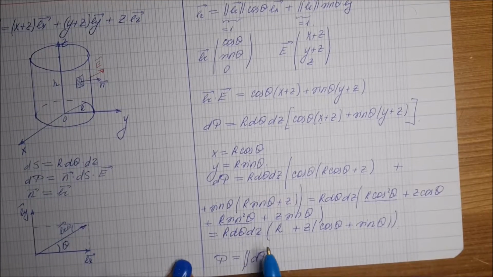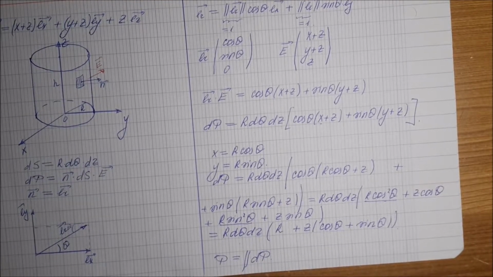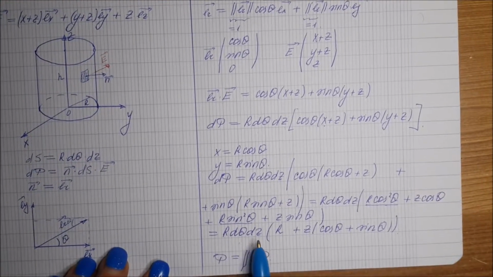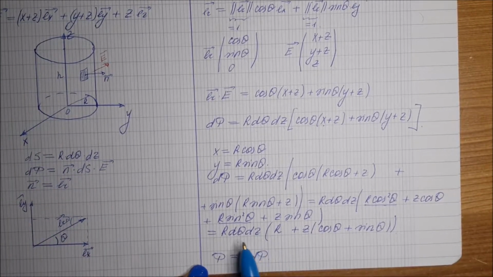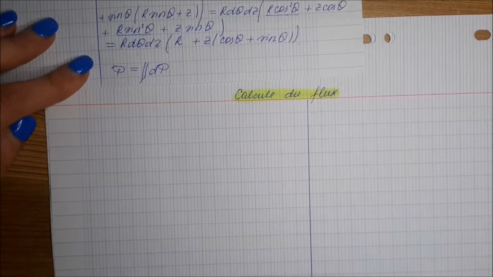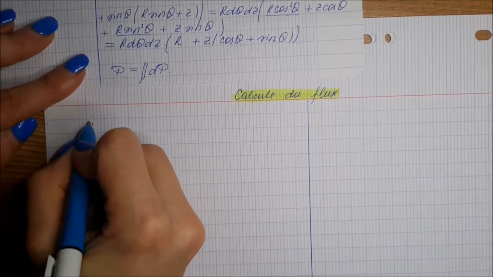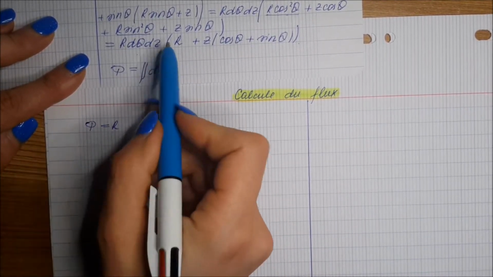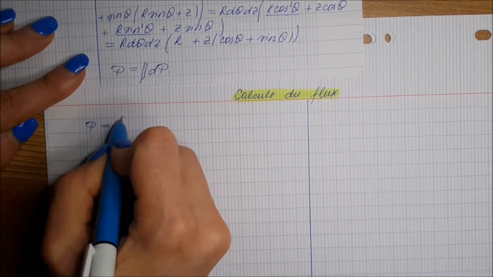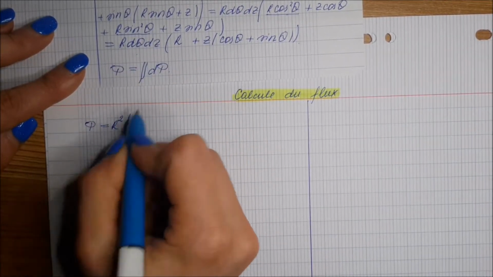I need to integrate as a function of theta and z. And in the cylindrical coordinate system, for our cylinder, theta and z are independent variables. Thus, I can separate two integrals, and I can calculate separately the integral related to theta and the integral related to z.